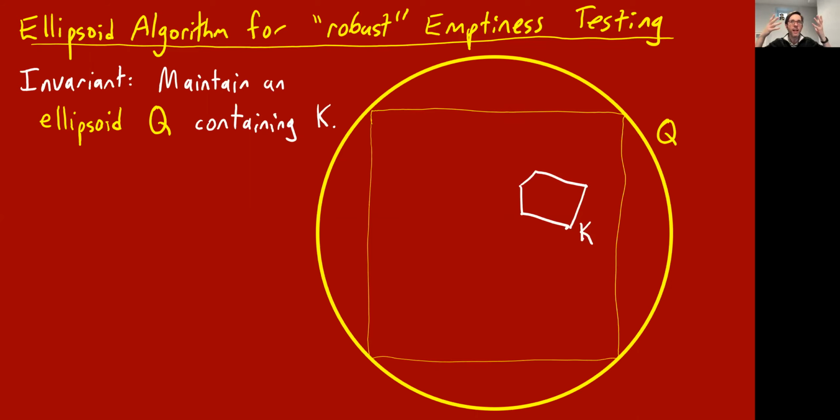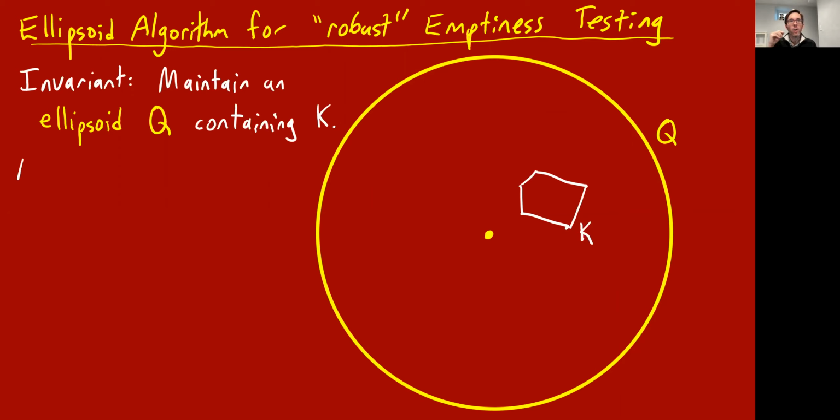Since you're promised that K is inside this big box, I want to work with ellipsoids, so let me just put an even bigger sphere Q around this box. That gives me my initial satisfaction of the invariant that I have this ellipsoid Q that contains K.